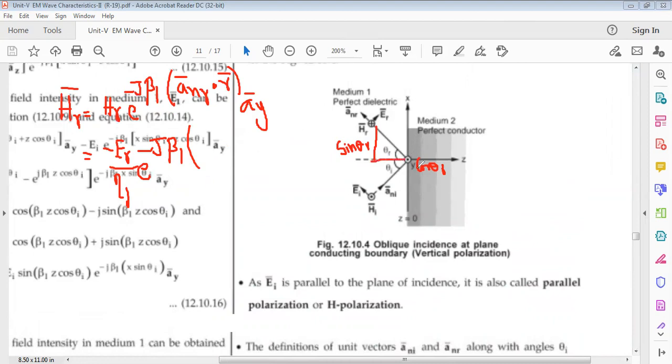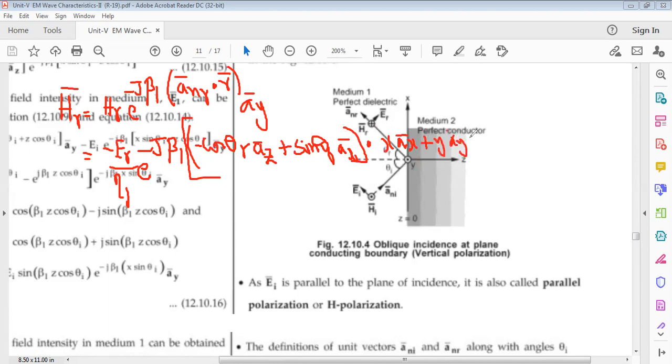It travels in the negative z direction. Cos theta r into a_z bar with a minus, and plus sine theta r into a_x bar, dot r bar. What is r bar? x into a_x bar plus y into a_y bar plus z into a_z bar.